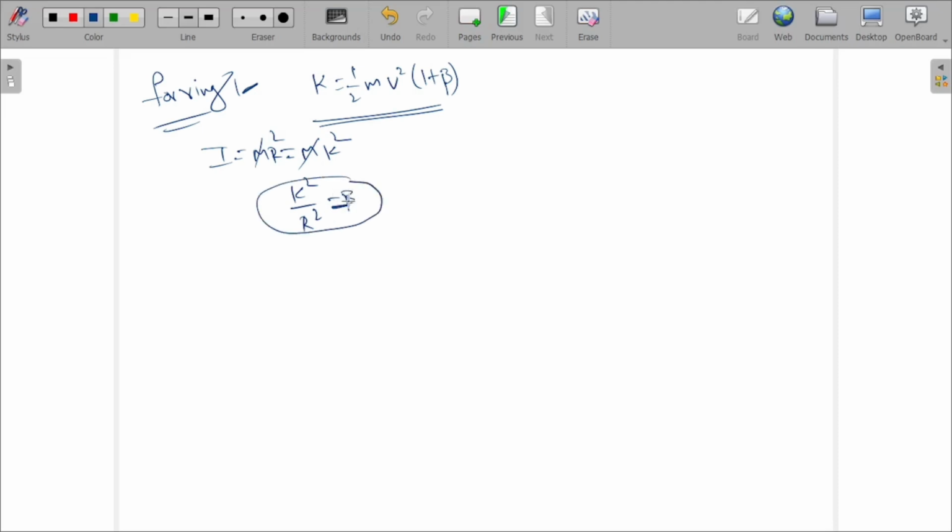K square by r square is equal to 1. So for ring, beta will be equal to 1. If we substitute that here, kinetic energy equal to half m v square of 1 plus 1. So it is 2 by 2 m v square. So 2 gets cancelled. Kinetic energy is m v square.